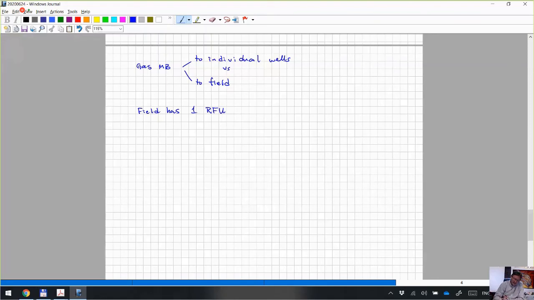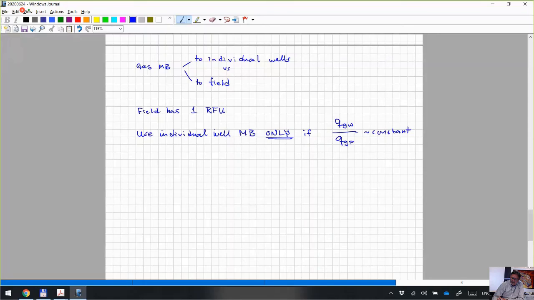So you can use individual well material balance only if basically the rate of the well to the rate of the field remains constant.